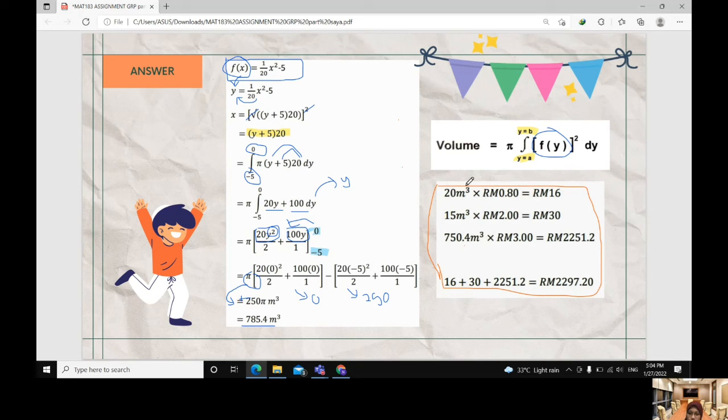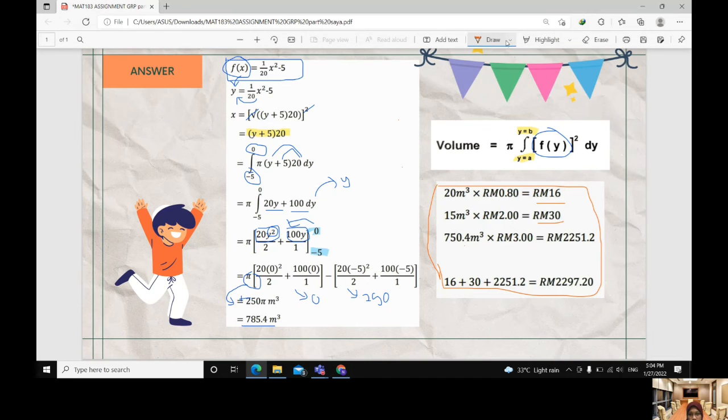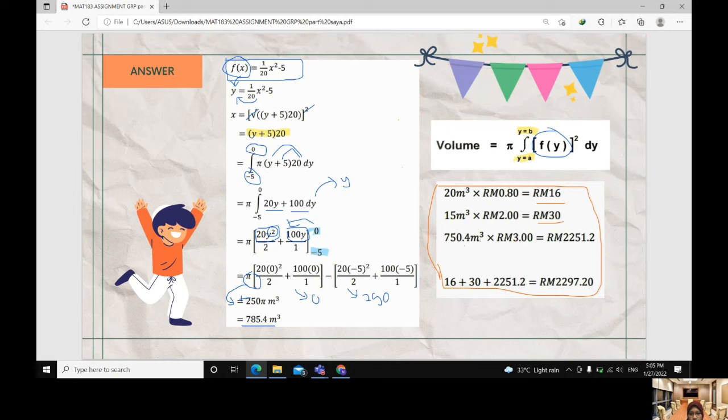Okay, after that, the next step is we must calculate this, which is we must multiply the twenty meter cube with 8 cents and we will get 16 ringgit, and 15 meter cube multiplied with 2 ringgit and we will get 30 ringgit. And the last one, we must multiply the 750.4 meter cube with 3 ringgit and we will get 2251.2.